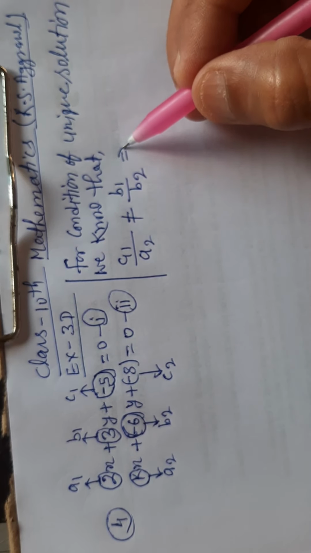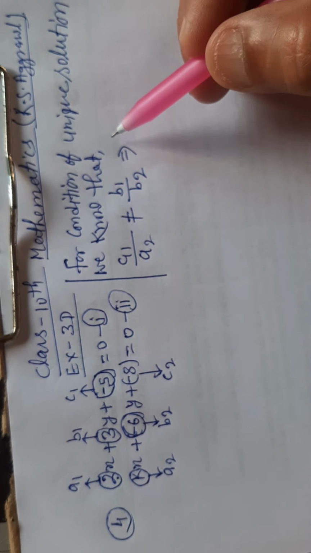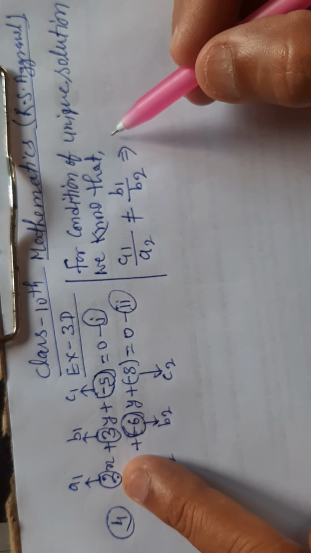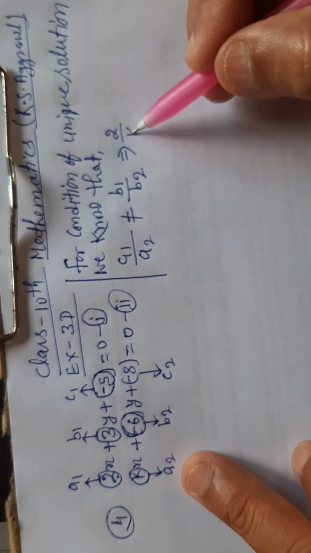This implies the value of a1 is 2, the value of a2 is k.